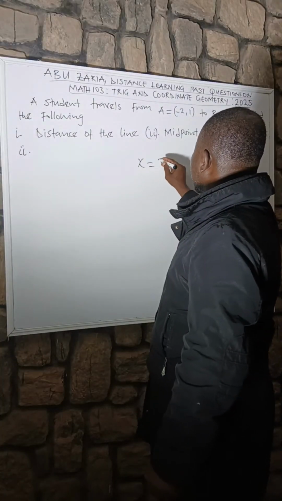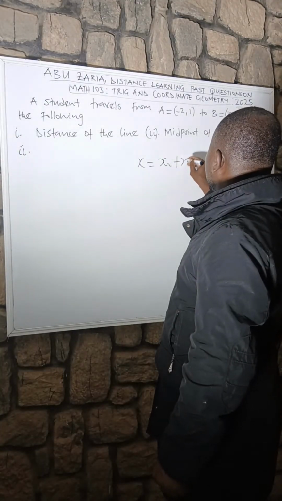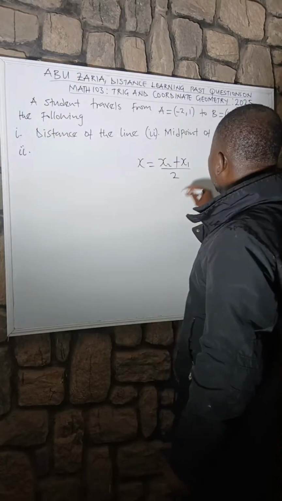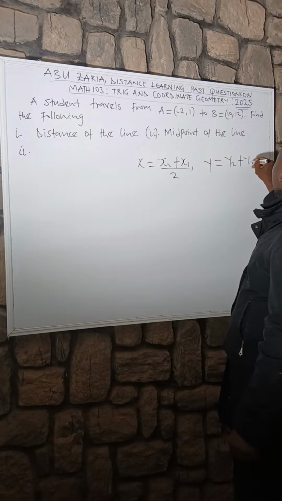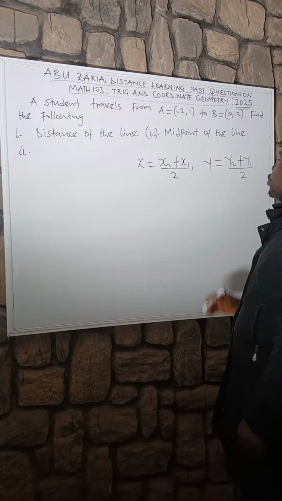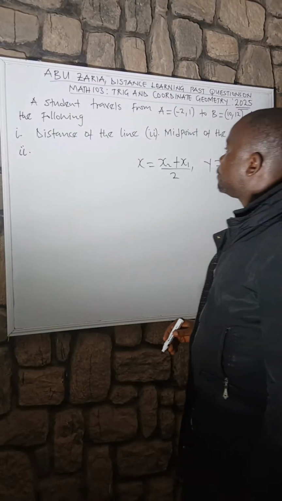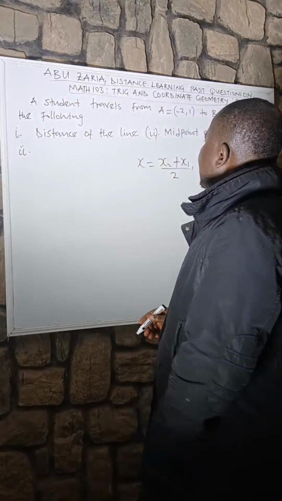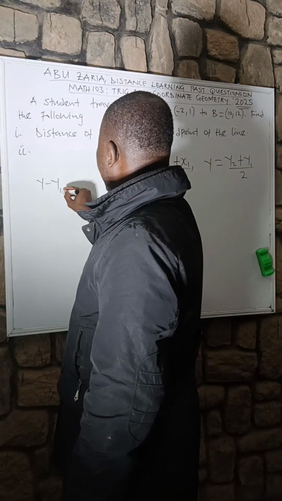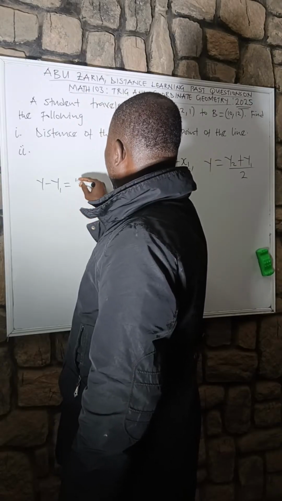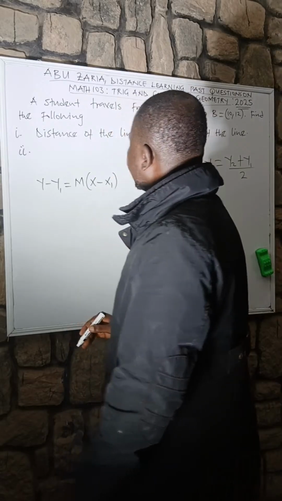We have x equals x2 plus x1 all over 2, and y equals y2 plus y1 all over 2. Can you see now? Then we have another one: y minus y1 equals m open bracket x minus x1.